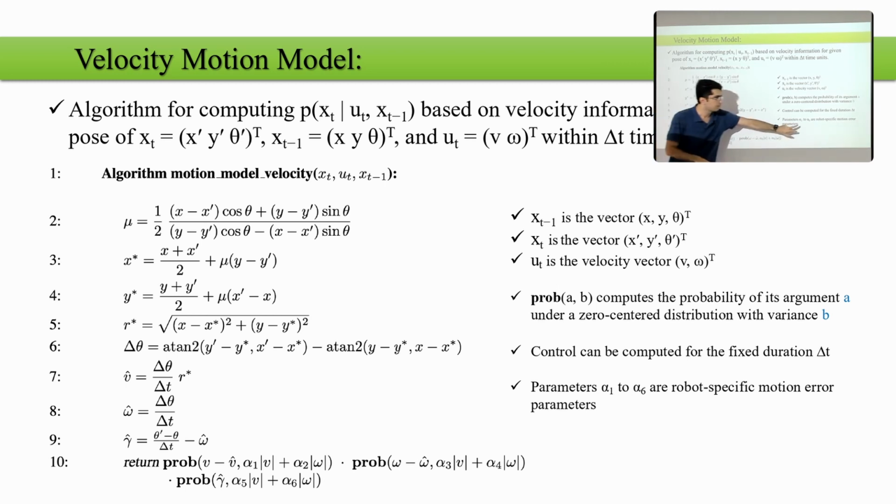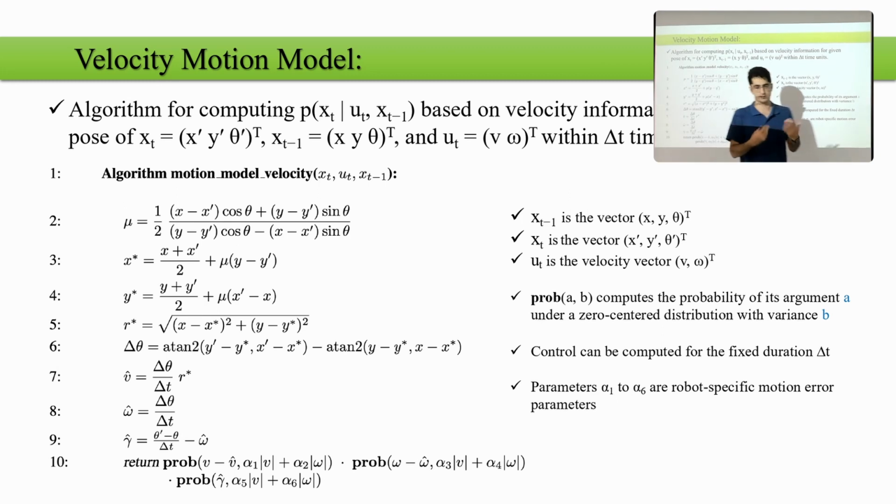And parameters alpha 1 to alpha 6 are the robot-specific motion error parameters that we explained exactly. 4 at the beginning we explained, and 2 later on for the final rotation that were indicated are alphas.